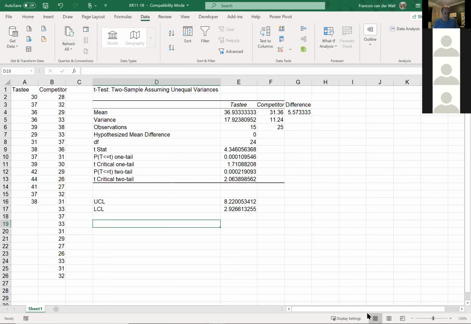At 95% confidence, babies on Tasty will gain between 3 and 8.